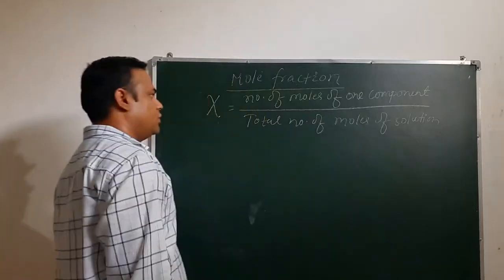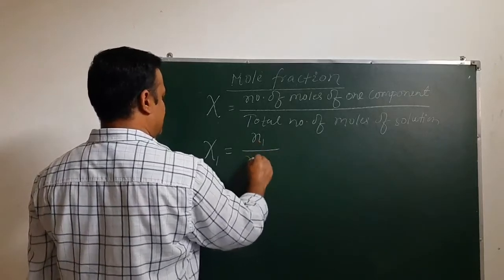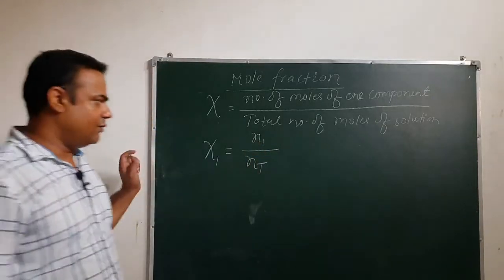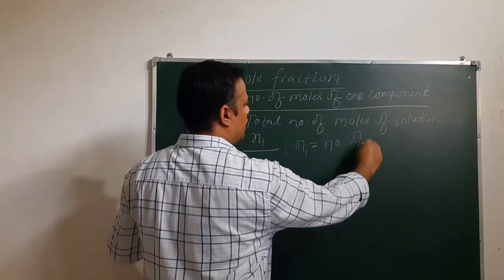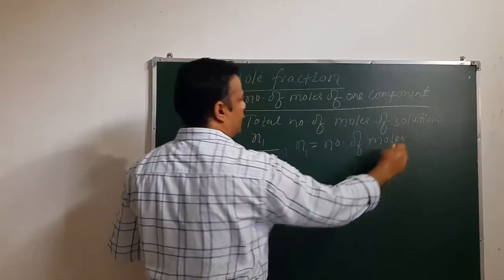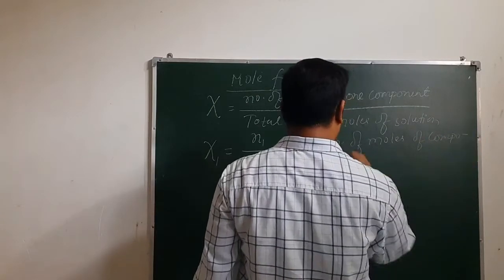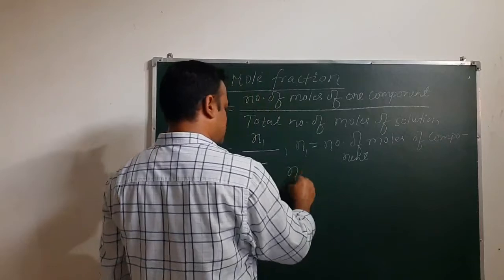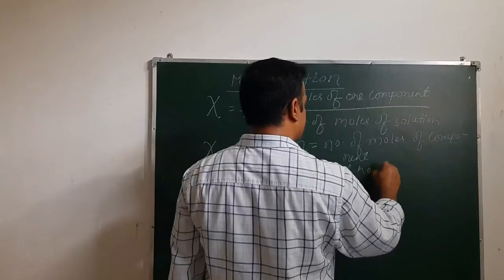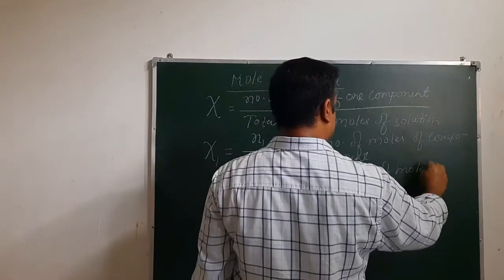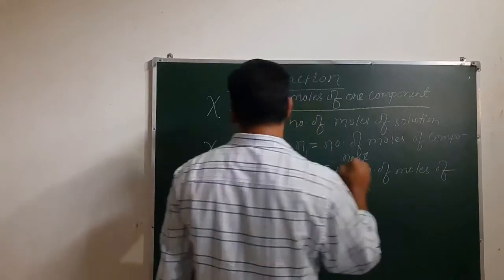So we can write chi1 equals n1 divided by nt, where n1 is number of moles of one component, and nt is total number of moles of solution. This is mole fraction.